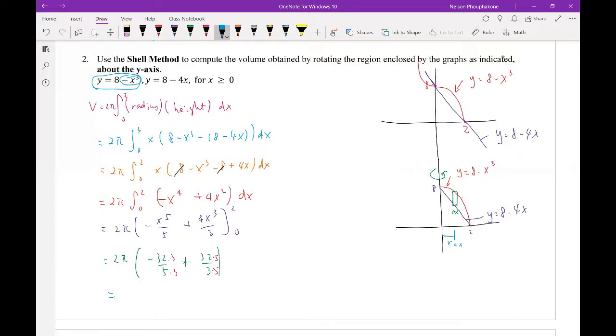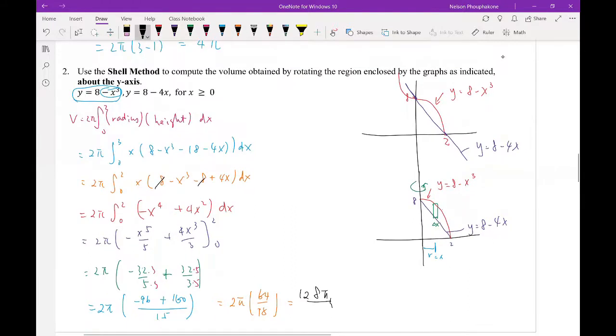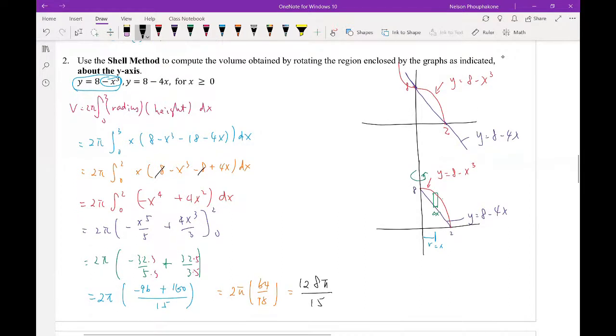So I will have 2 pi times negative 96 plus 160 over 15. So the volume will be 128 pi over 15.